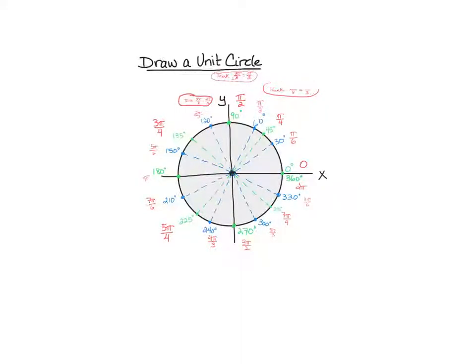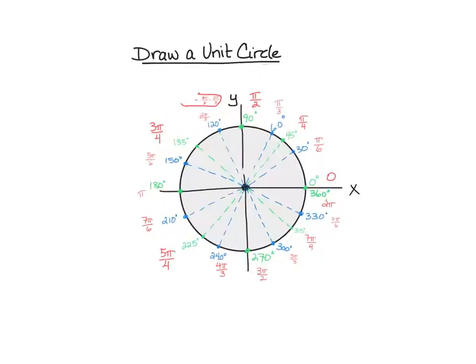Now we need to add another thing to our unit circle, and that's the x and y values of each of these points. So each point should have an x and y value. I'm having trouble zooming in.